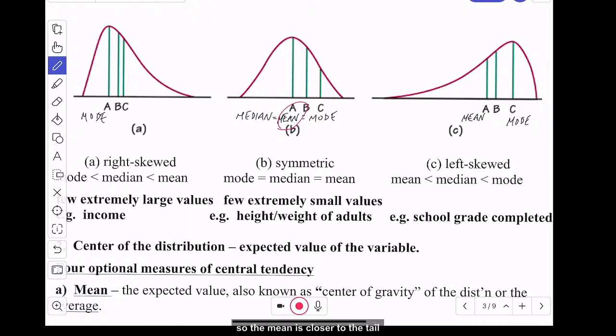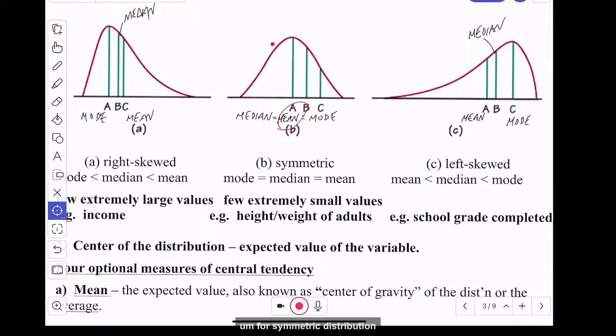So the mean is closer to the tail. If it's a right skewed distribution, the mean will be closer to it. If it's left skewed, the mean will still be closer to the tail on the left. And in the middle, you will always find the compromise, the median. The median will be in the middle, or if it's an even amount of observations, it'll be the average of the two in the middle. It's the middle observation.